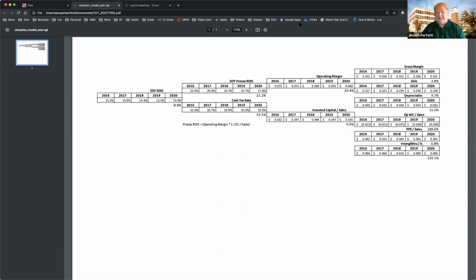Well, the percentages are a guide to help you have cues that things are changing. When you see a big change, you know something is changing. But then you also have to immediately think about the magnitude. If it's a big change in a tiny item, like intangibles, then that's not really significant to what's happening with Target, whereas a smaller change to a bigger item might actually have more of an impact.